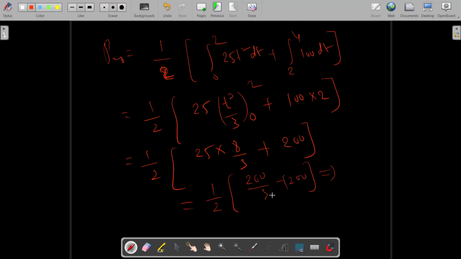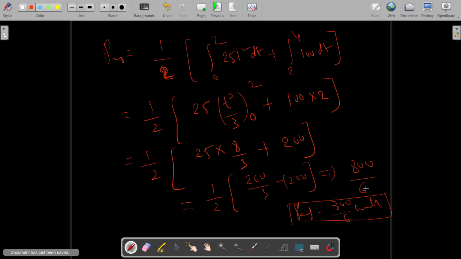So which is equal to 600 plus 200, 800, 800 by 6. So this is the average power, 800 by 6 watts. Okay, so this is the average power using method 1.